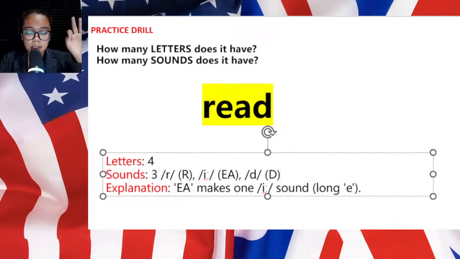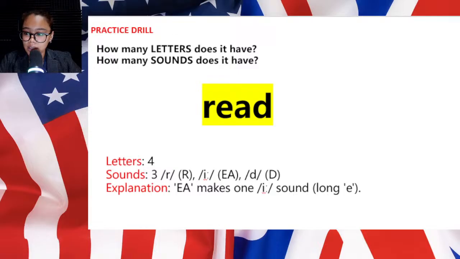This word perfectly illustrates how multiple letters can combine to form one single sound, leading to more letters than actual sounds, just like we discussed earlier. So that is our third word.